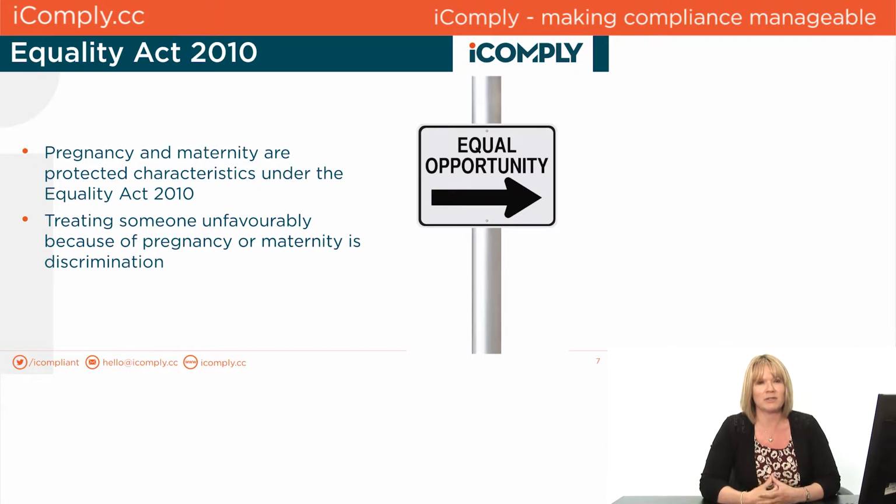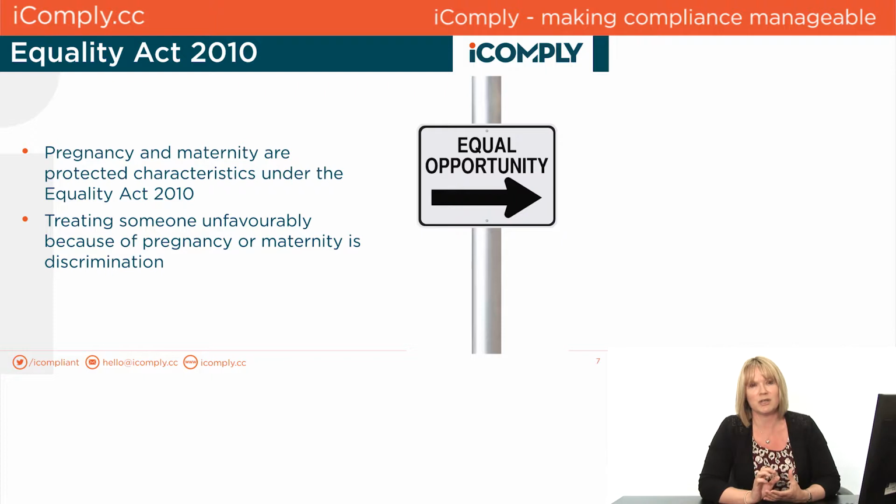So I want to start with the Equality Act 2010. Those of you that may have seen me before at seminars and webinars, I always bring up the Equality Act 2010 because it does actually run through most of employment law at some point. It's important to note that there are 9 protected characteristics in the Equality Act. Just remember that pregnancy and maternity are actually 2 protected characteristics under the Equality Act 2010.